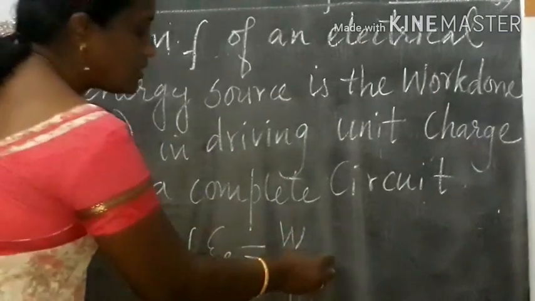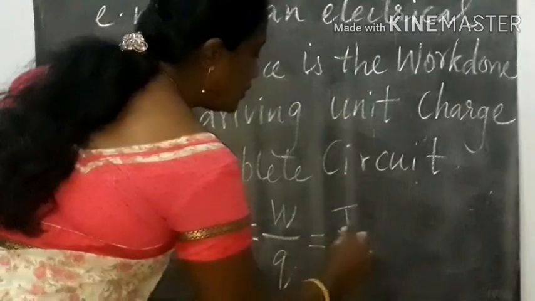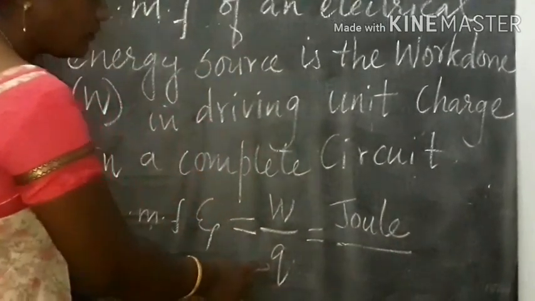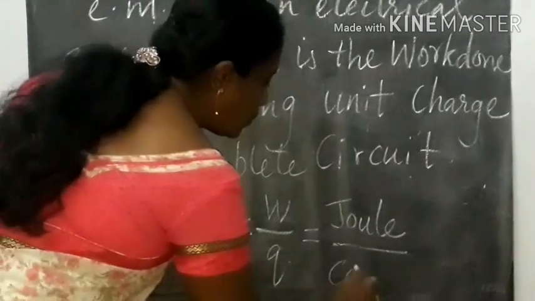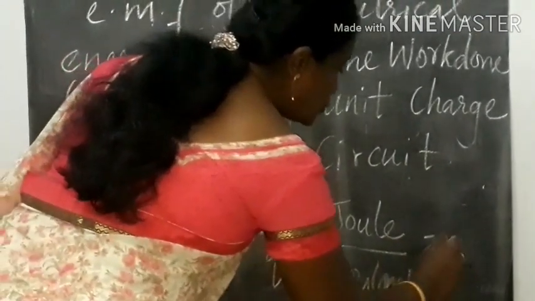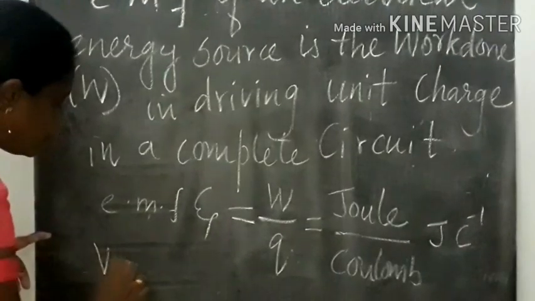So what is the unit for work done? It is joule. And what is the unit for charge? It is coulomb. So what is the unit? Joule per coulomb, or otherwise this joule per coulomb is called volt.